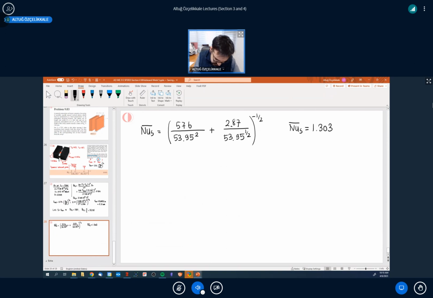And let's calculate h from here: 1.303 times 27.8 times 10 to the power minus 3 divided by 0.00813. And the average convection heat transfer coefficient is 4.46 watt per meter square Kelvin.